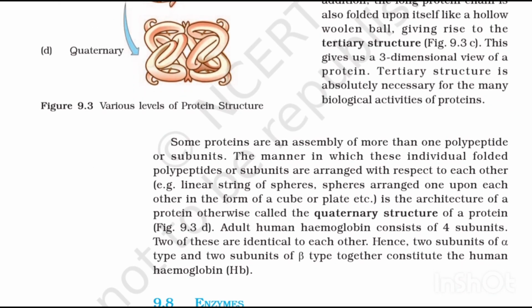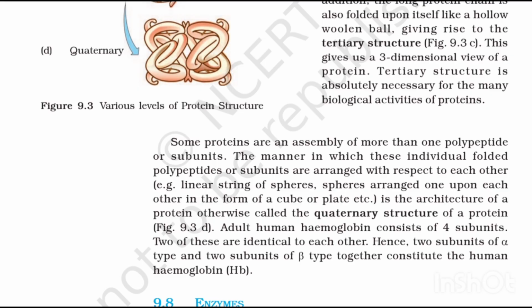Some proteins are an assembly of more than one polypeptide or subunits. The manner in which these individual folded polypeptides or subunits are arranged with respect to each other, for example, a linear string of spheres, spheres arranged one upon each other in the form of a cube or plates, etc., is the architecture of a protein, otherwise called the quaternary structure of a protein.